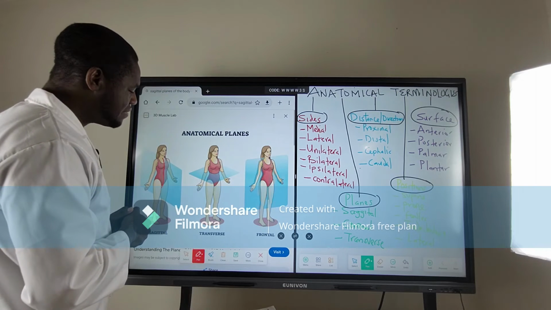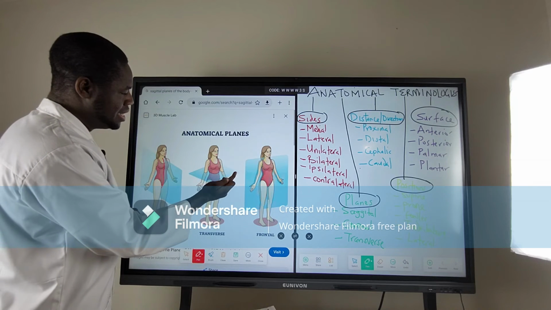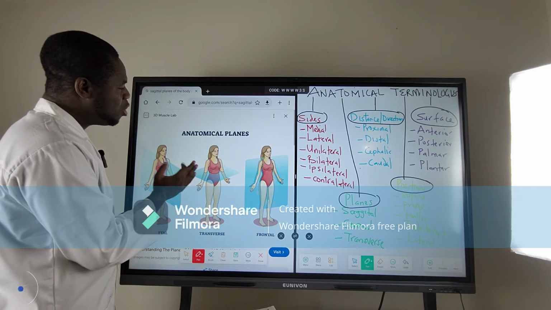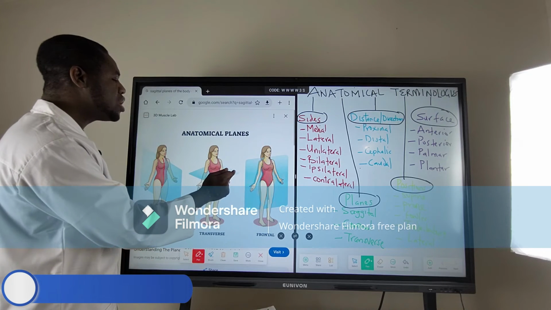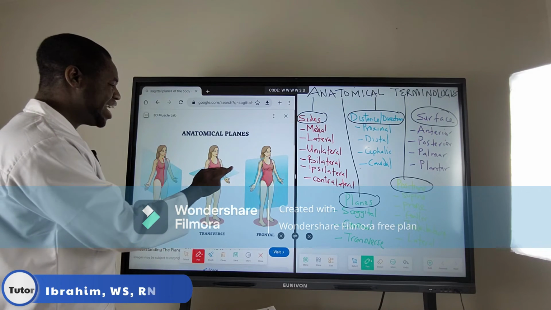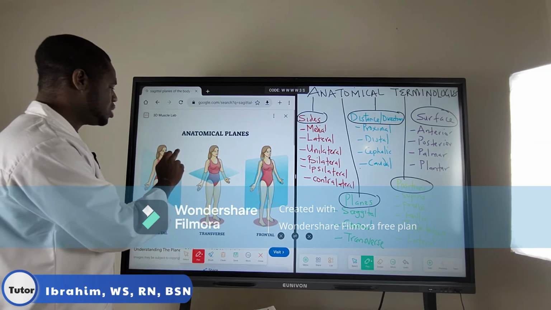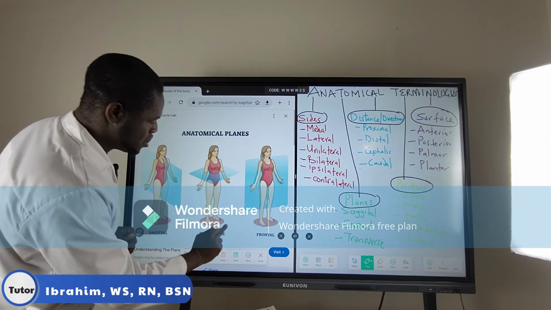We also have the transverse plane. This is the transverse plane, also known as the horizontal plane or axial plane.